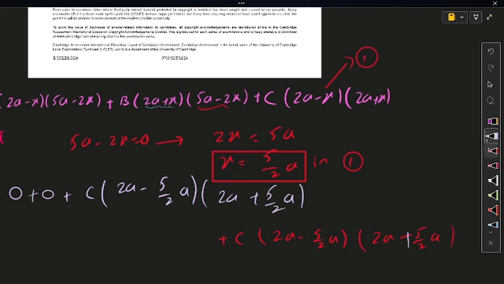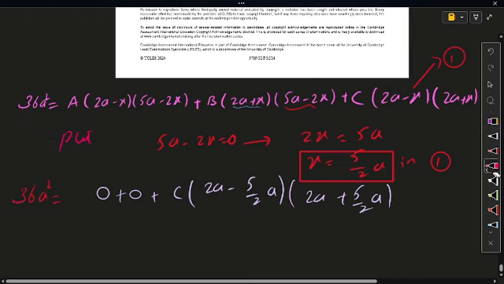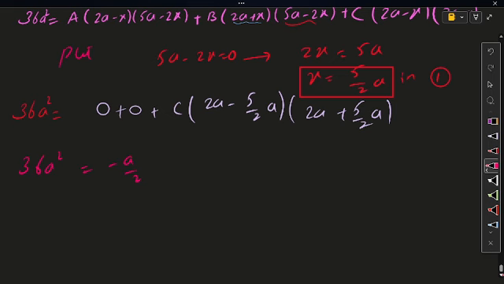Once you are going to solve that expression, you will have the final form: 36a square is equals to minus a by 2 times 9a by 2 times c.